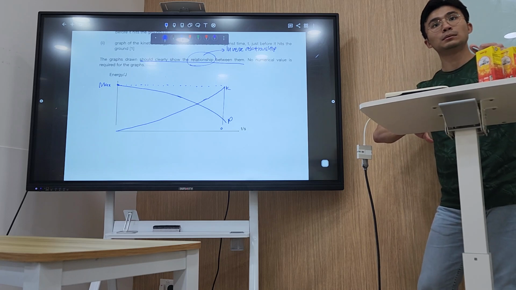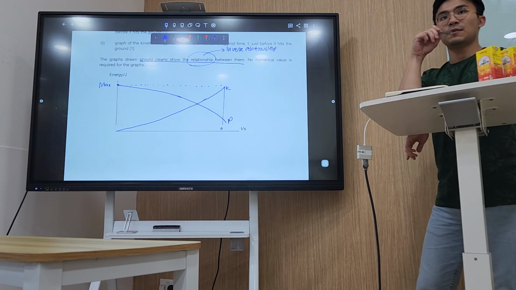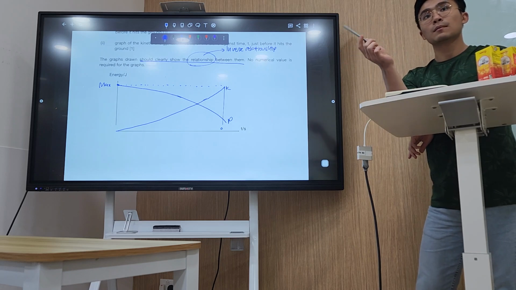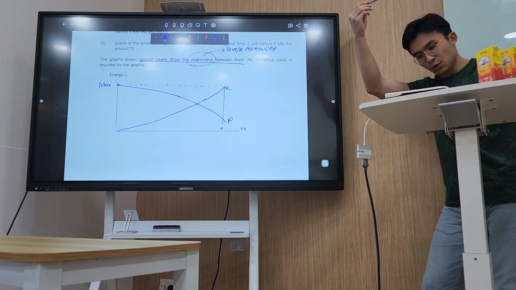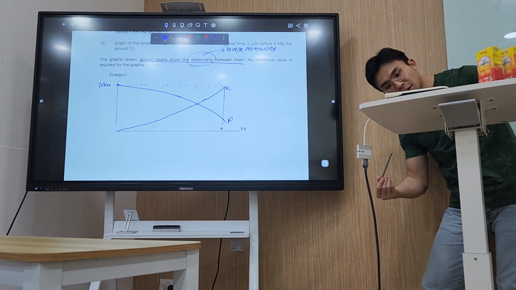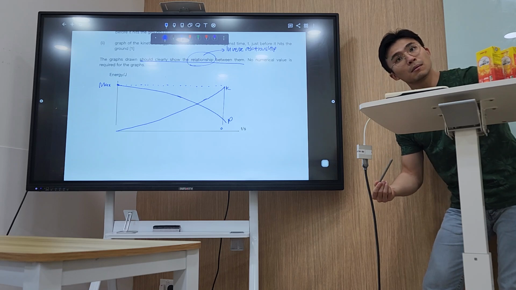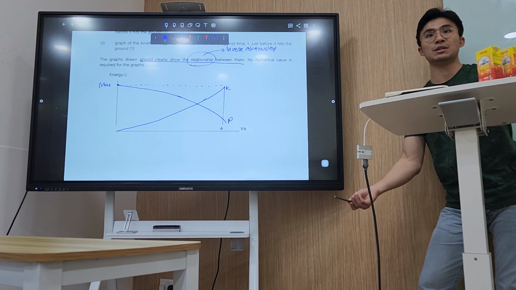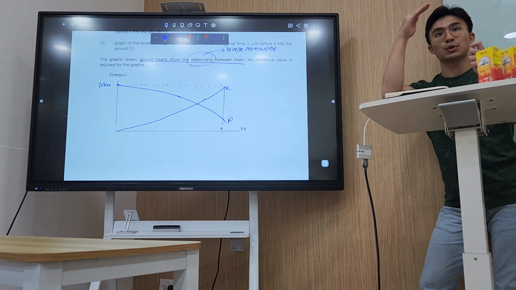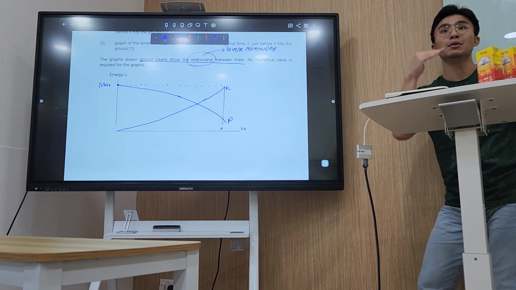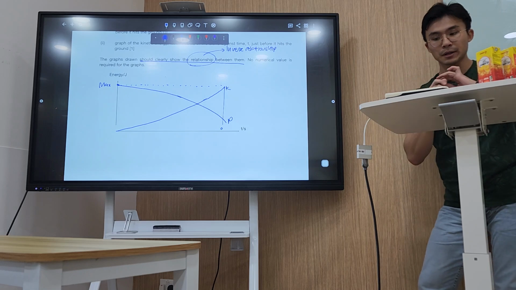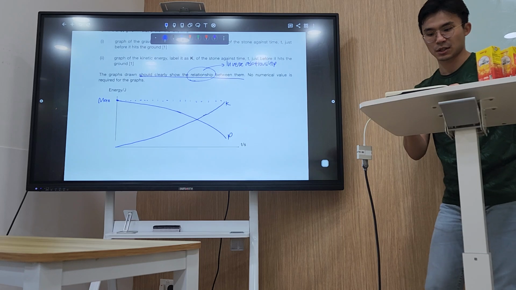KE is a function of velocity. Right before you hit the ground you are at your maximum, then you hit and you are at 0. But that's not what I'm saying.